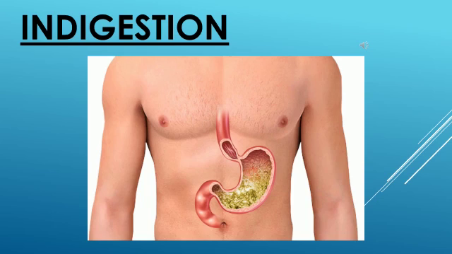So to relieve indigestion, we take an antacid. Antacid is a base and it is made up of magnesium hydroxide. This antacid acts as a base and will clear the indigestion.